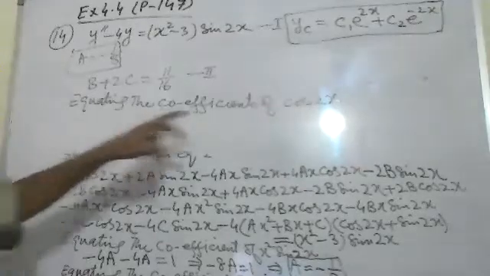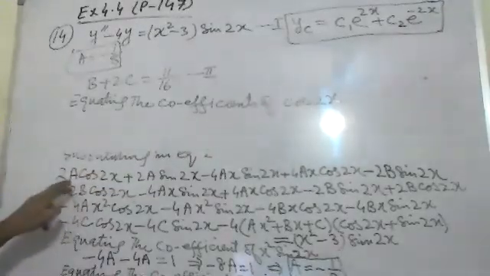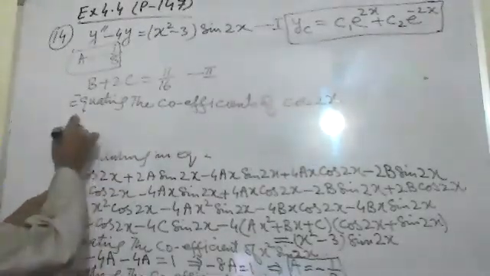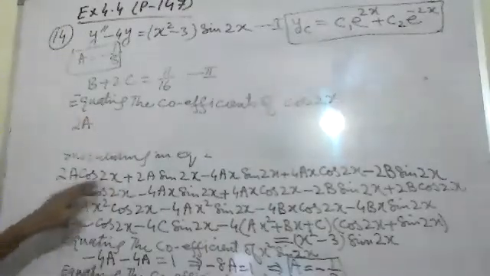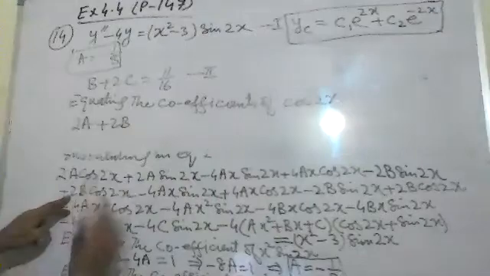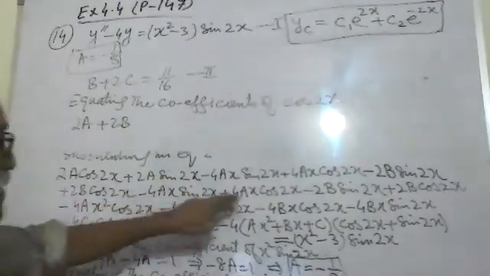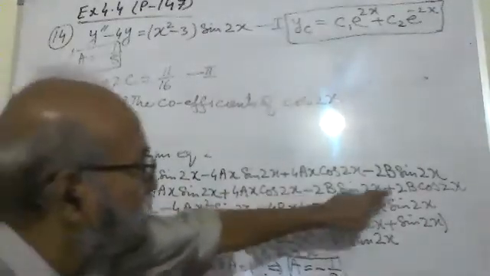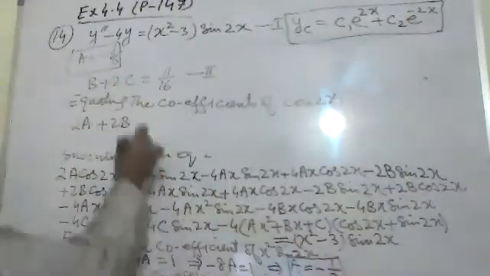So I am equating the coefficient of cos 2x. This is 2a. X sine 2x, 2b. Then again 2b.